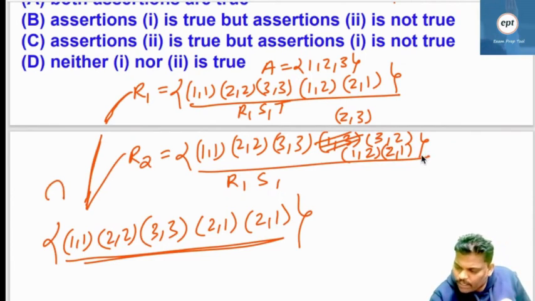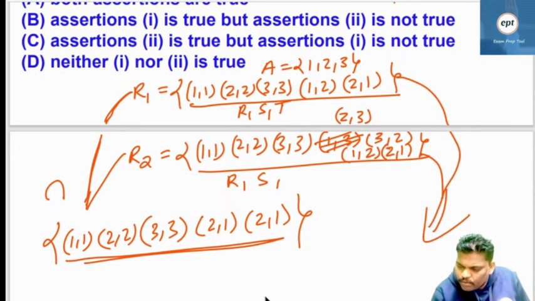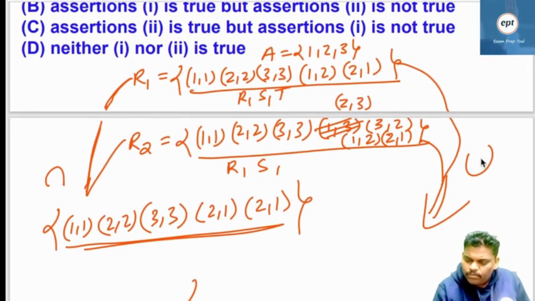Can you see the union? Everyone listen. Union means all pairs. Let me do union. This is the union. All pairs will come. 1, 1, 2, 2 guaranteed will come. 3, 3 also guaranteed will come. Right? Be careful.